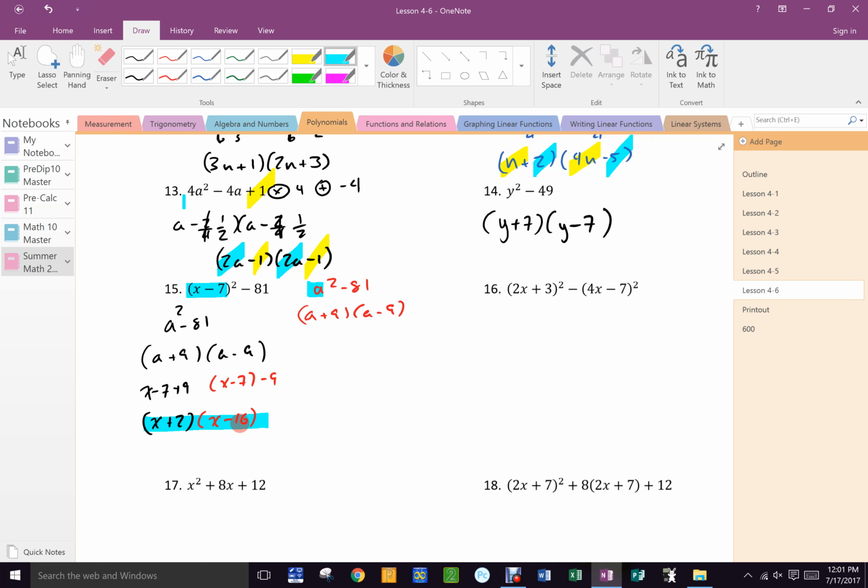Because isn't this just a factor squared and another factor squared? So isn't that just A minus B? And isn't the square root of A squared A, and the square root of B squared B? And then it's A minus B, isn't it?